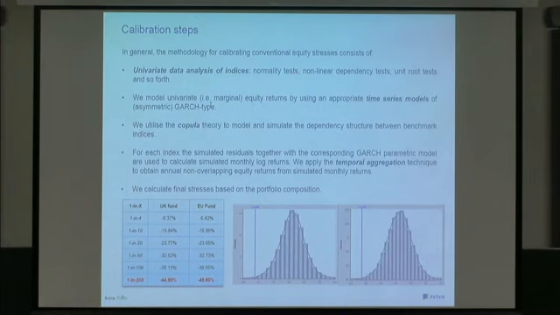And in the final stage, we apply the temporal aggregation technique, which I just talked about. Actually, it's just a summation to non-overlapping annual returns. All these steps you just need to do once. But then, at the final step, you apply your portfolio composition. And that's the beauty, because you can calculate the dynamic SCR.